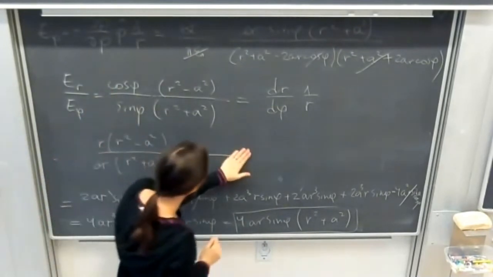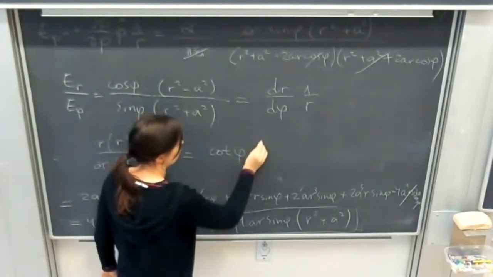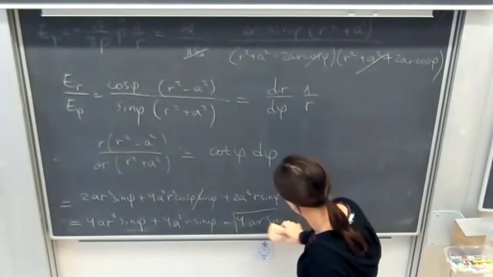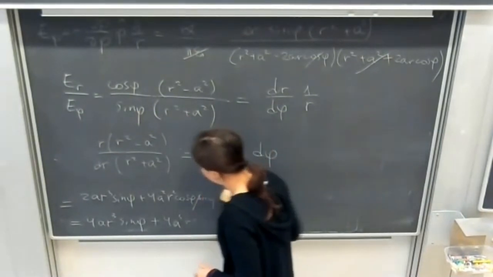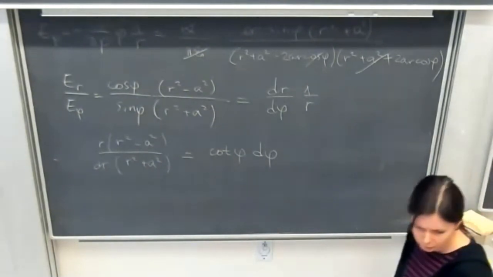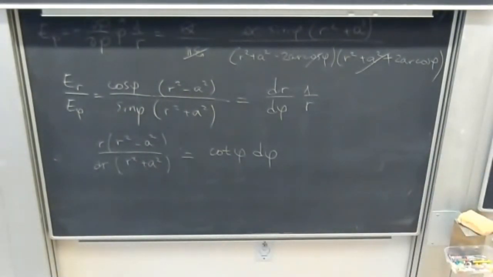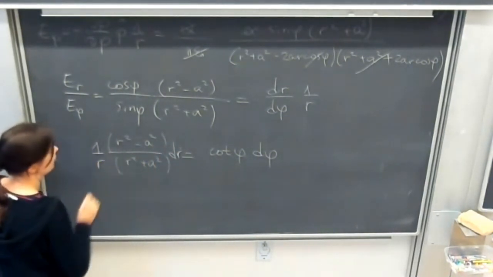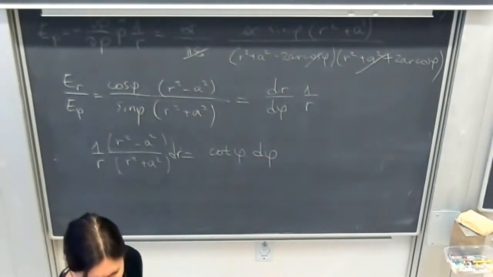Cosine divided by sine is cotangent. So that's what I got so far. It should be R. Yeah.